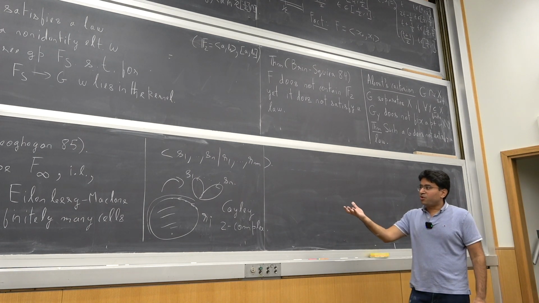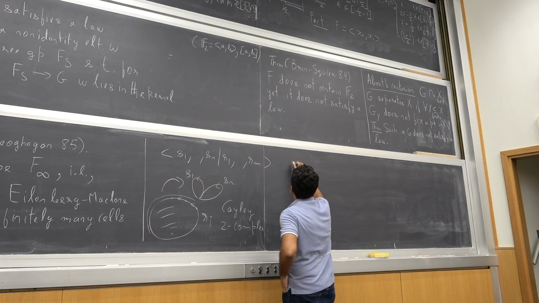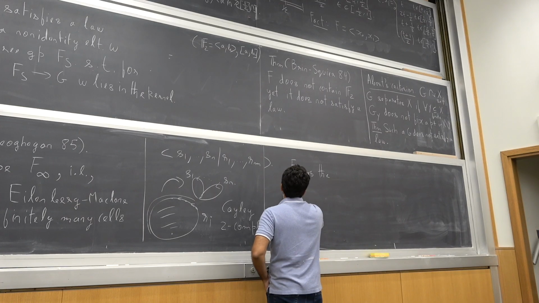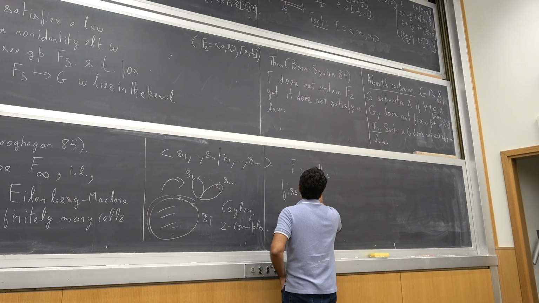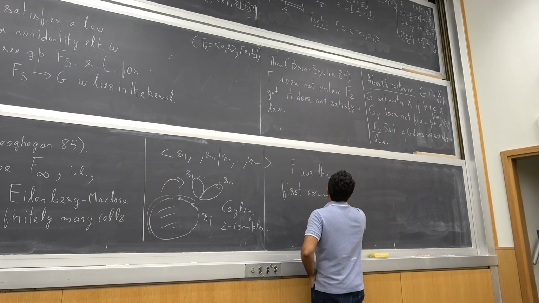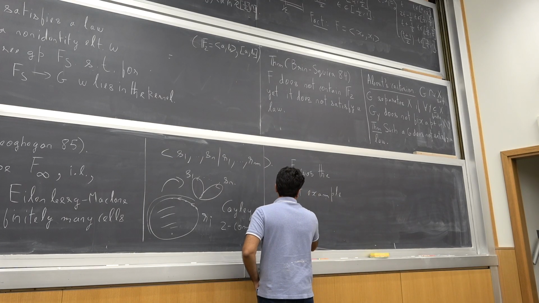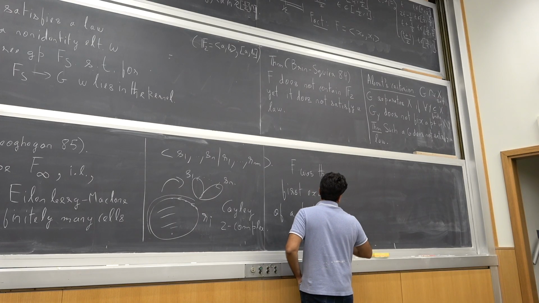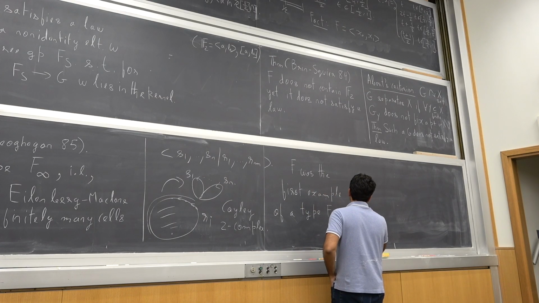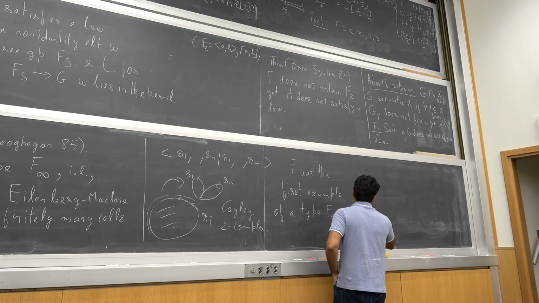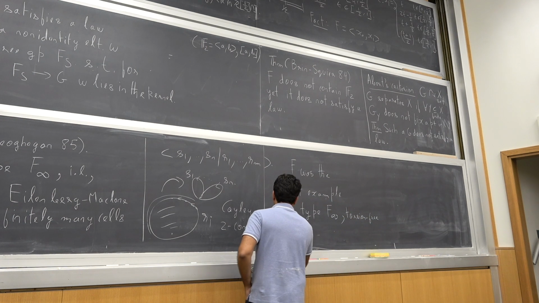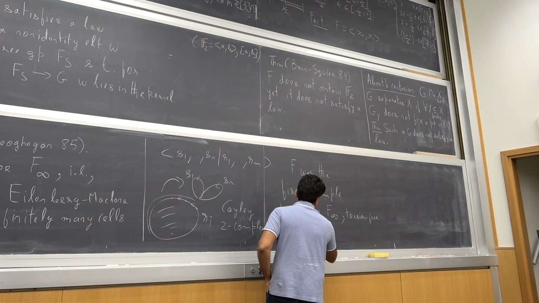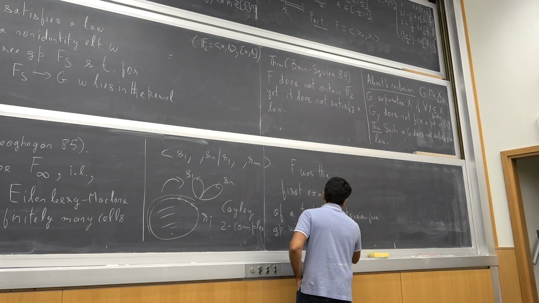And the reason why this is surprising is because F was the first example of a type F infinity torsion-free group with infinite cohomological and geometric dimension.